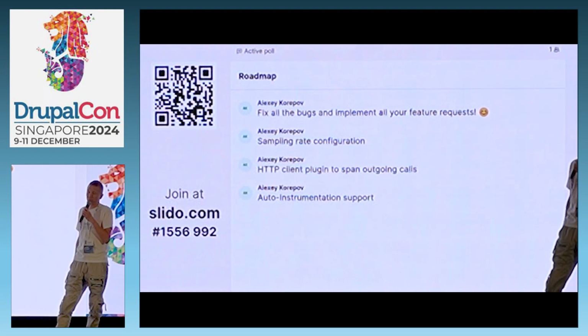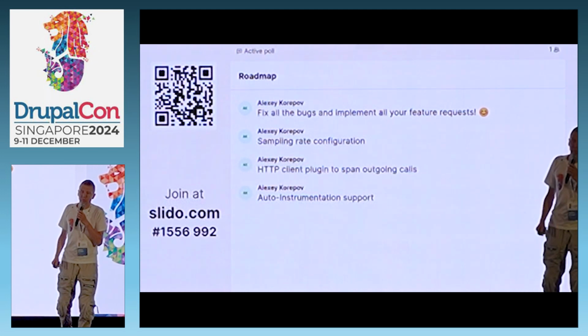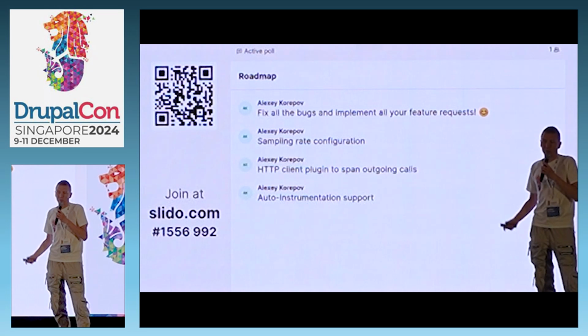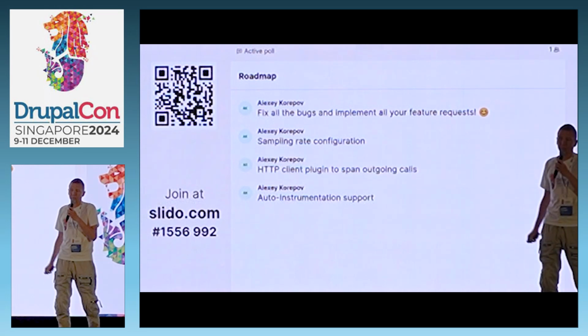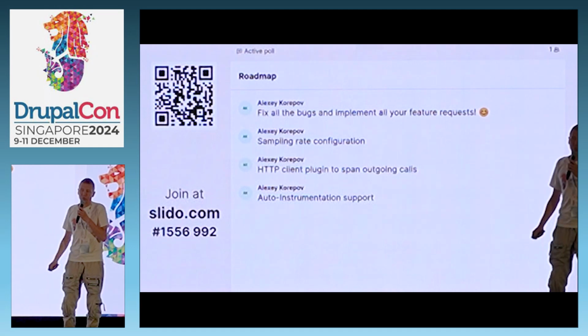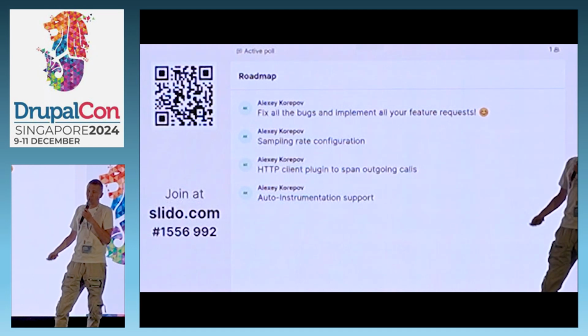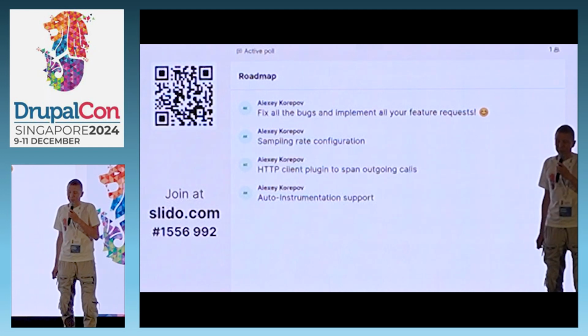By default, it submits 100% of the spans, but if you have a heavily loaded website, you probably want to submit only 1% or 5% of the requests, and it will show you the picture without overloading your server. Also, I want to implement the HTTP client plugin and after-instrumentation support. Probably I will do this in a couple of years.